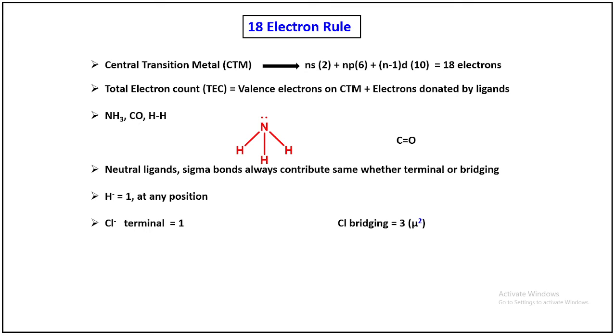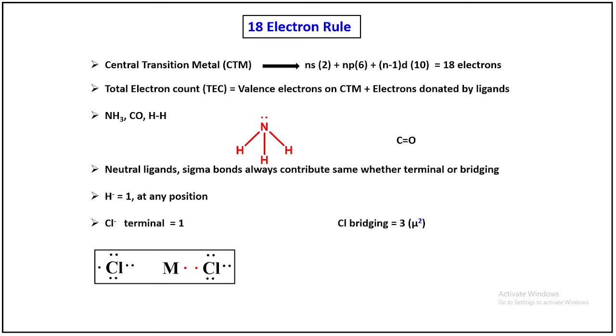The next one, Cl. This is an important one, because if you understand this Cl, you will understand how some ligands contribute different electrons in terminal and bridging positions. So Cl, we know it has 7 valence electrons, right? 1, 2, 3, 4, 5, 6, 7. If it has to form a bond with a metal, what will it do?